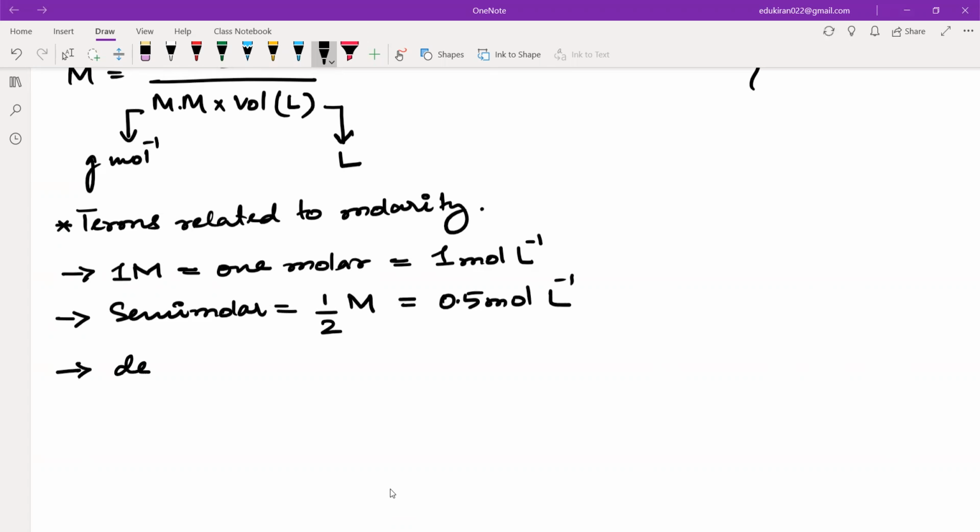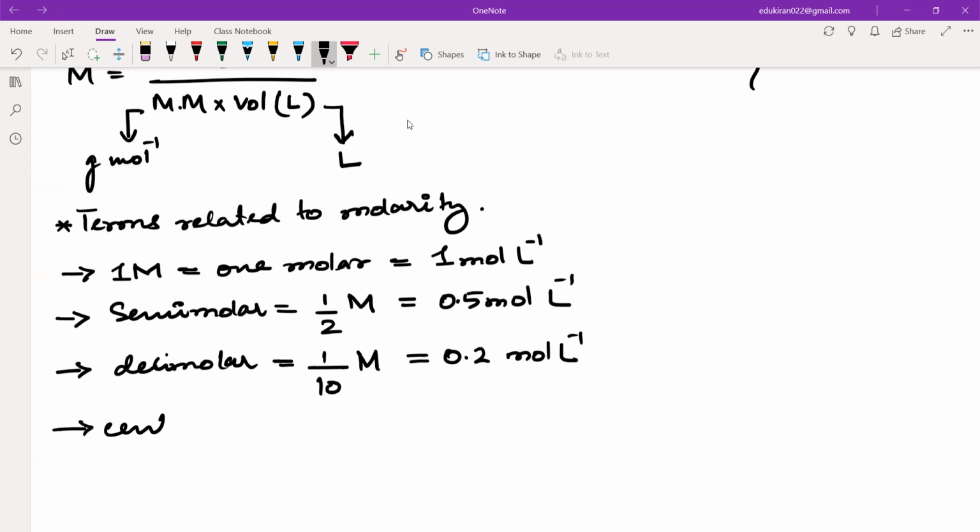Similarly, you have decimolar. Decimolar means 1/10 M, which will be equal to 0.1 moles per liter.